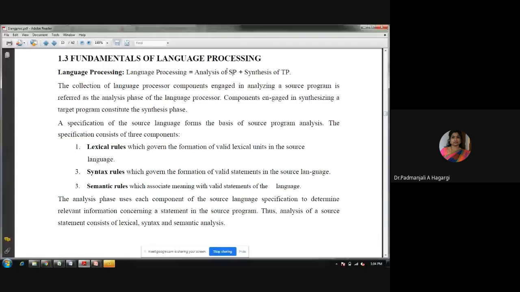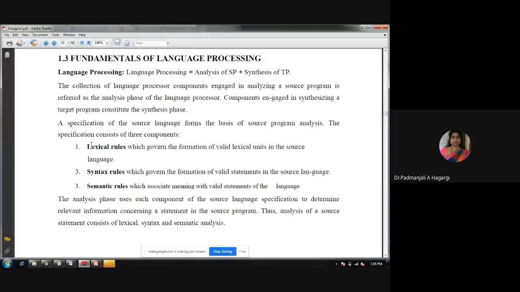The analysis of the source program again has three components: lexical, syntax and semantic rules. The lexical rule decides whether a statement belongs to the language, for example in Marathi, "काय झाले". "काय झाले" belongs to Marathi.